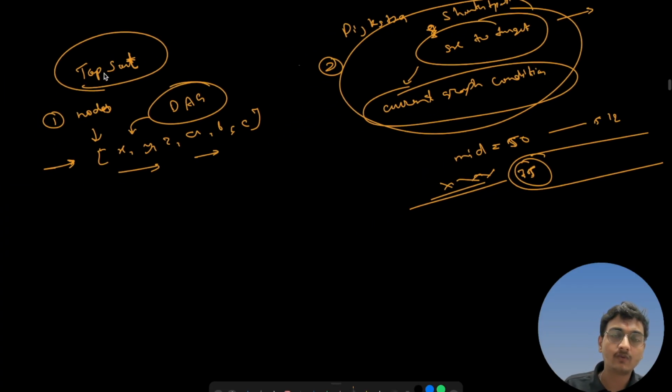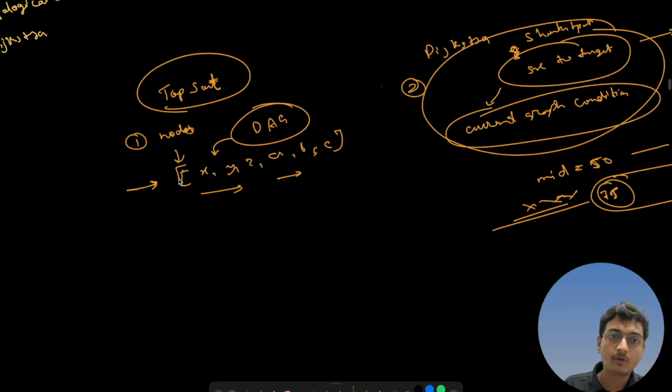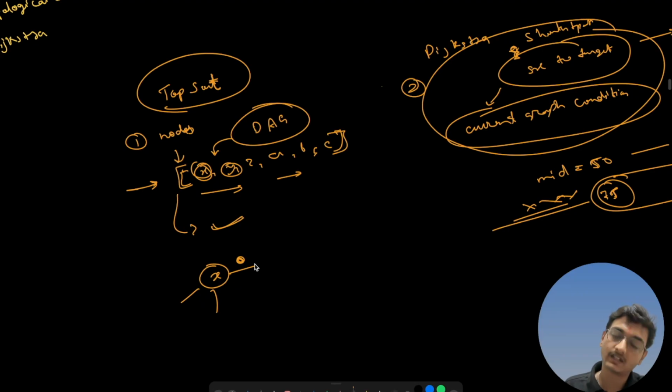But in the case of topological sort, if I get the topologically sorted order once, I can definitely reuse it. How will I reuse it? These are based on the nodes. So I will iterate over X and look at all its adjacent nodes. If the adjacent edge weight is greater than that edge weight, then I will explore it; otherwise, I will not explore it.